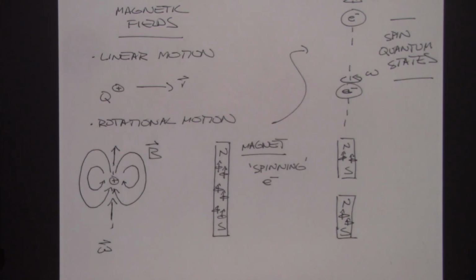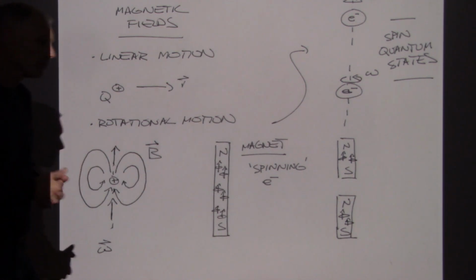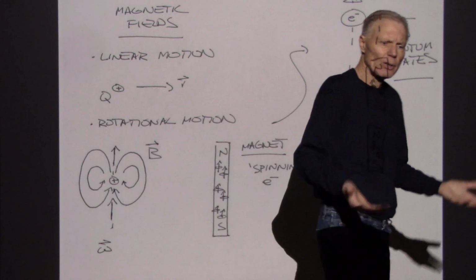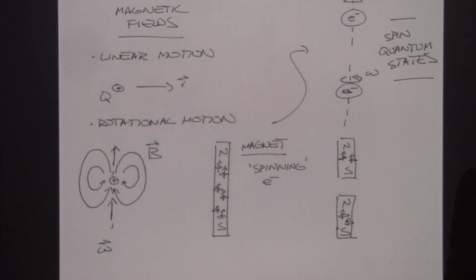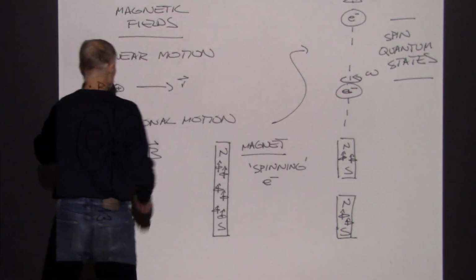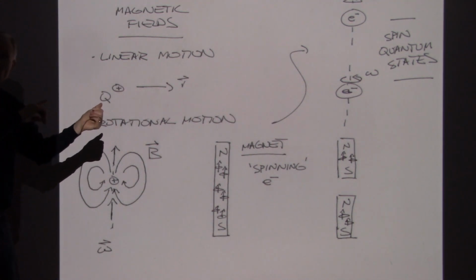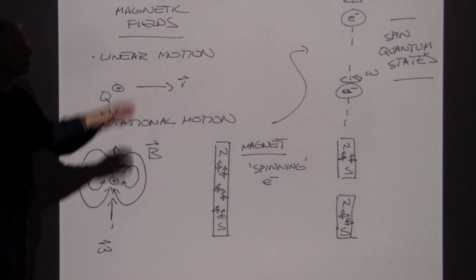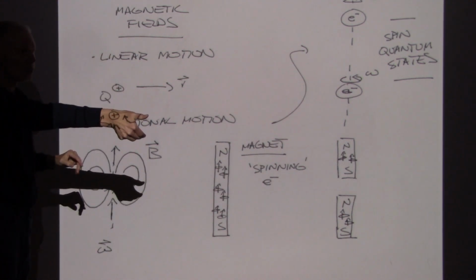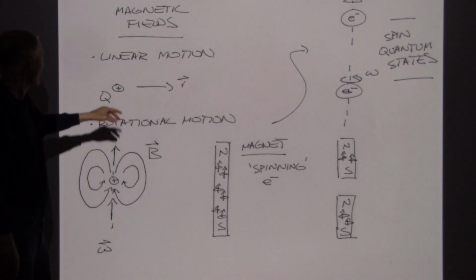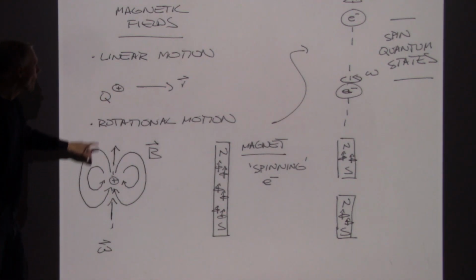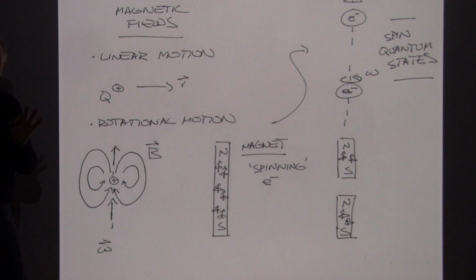Now what this leads to is a question of, well, what types of velocity could the charge have? So for linear motion, here's a charge, it's just traveling off in some direction. That's what we showed on the page before. And linear motion by itself just produces these either right-handed loops or left-handed loops, depending on if the charge is positive or negative. But there's another type of motion that is really, really important. It shows up in devices that we design.